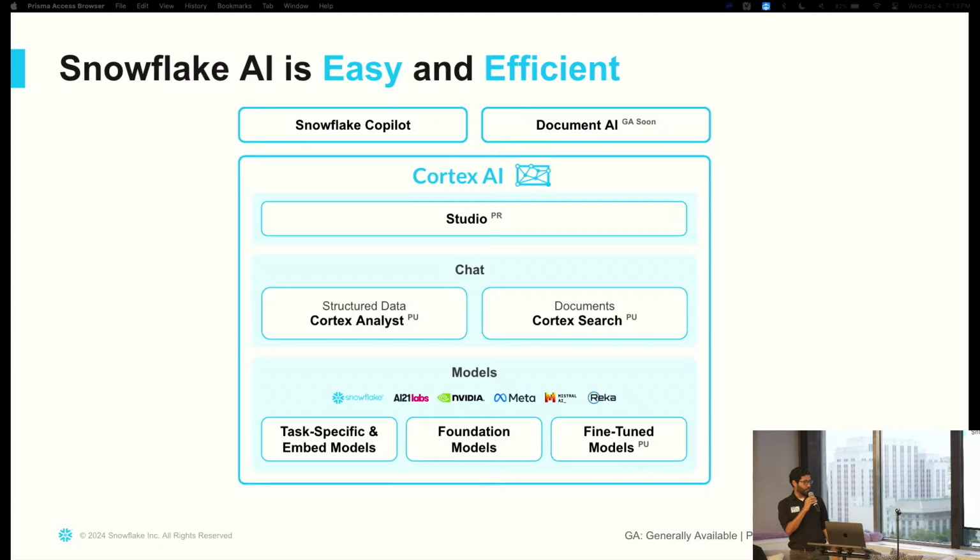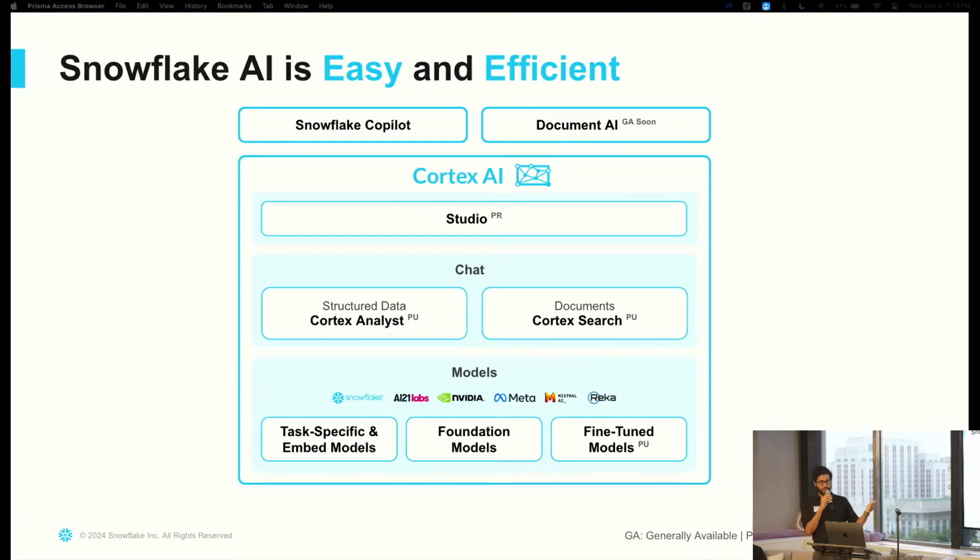What we are hearing a lot from our customers is they want to make use of their enterprise data, and they want to do that in two forms: structured data and unstructured data. For each of those, we have specific products. Cortex Analyst helps you go from natural language, English, to an answer by writing SQL.